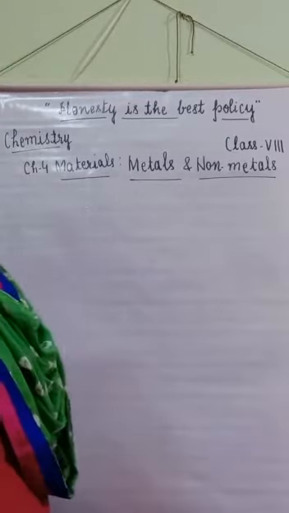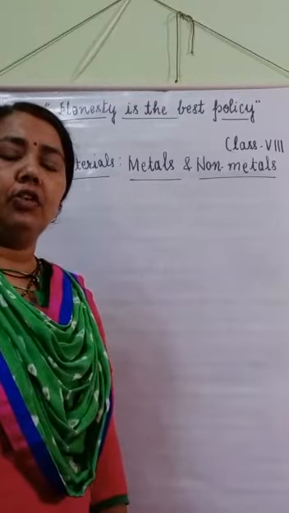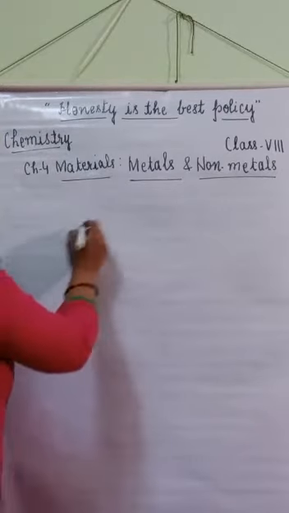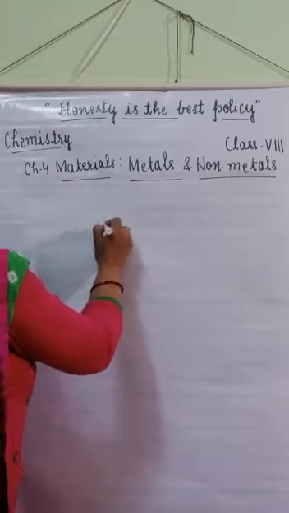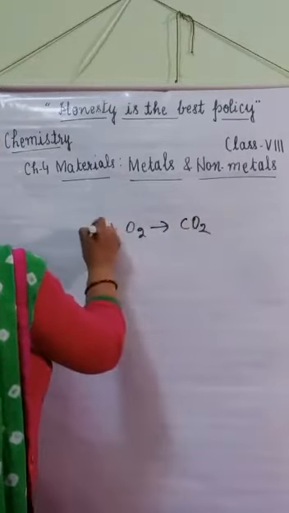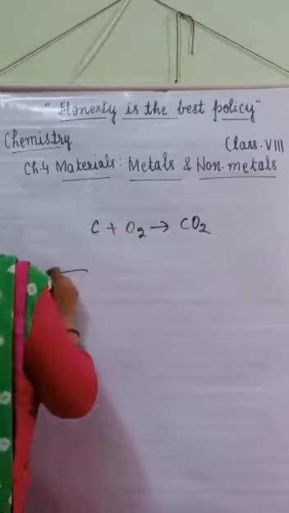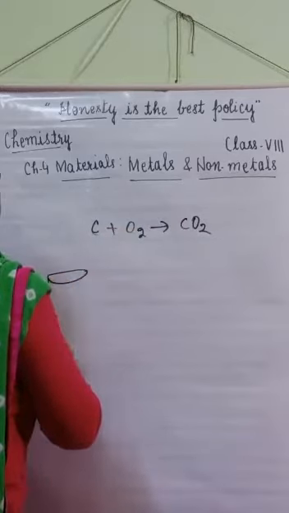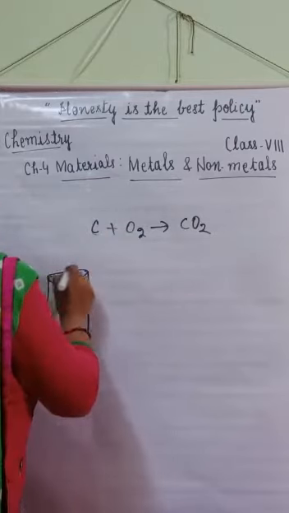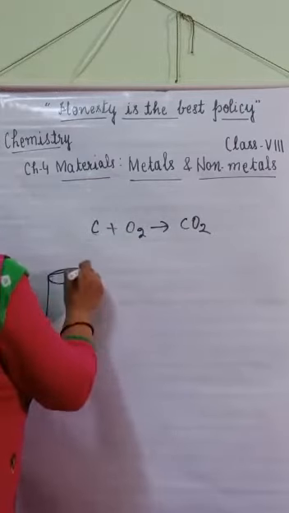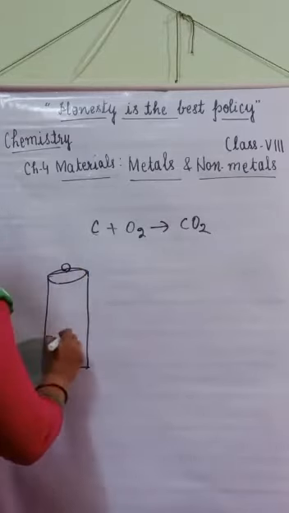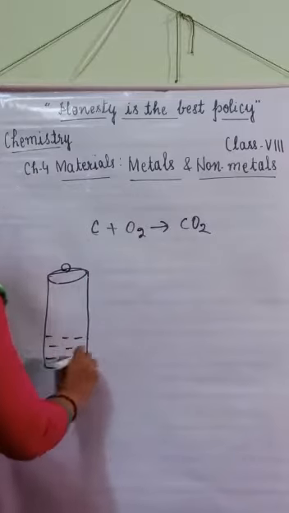Now, how can we show that oxides of non-metals are acidic in nature? So, when carbon reacts with oxygen, it forms carbon dioxide. We collect this gas in a gas jar, cover it with a lid and dissolve it in water.